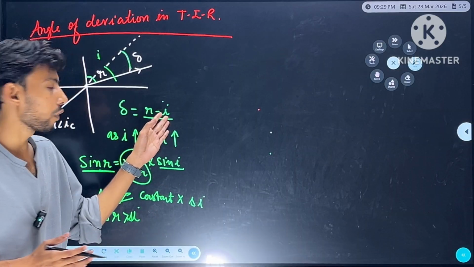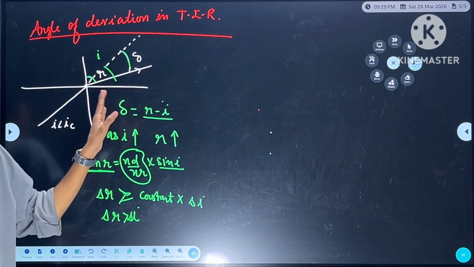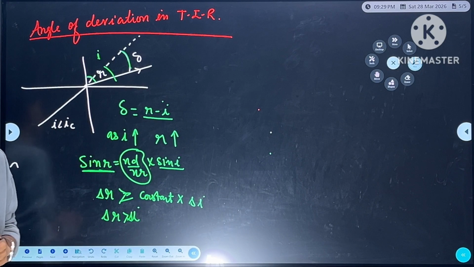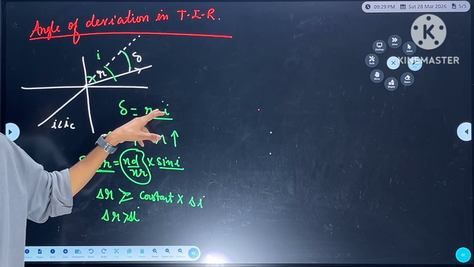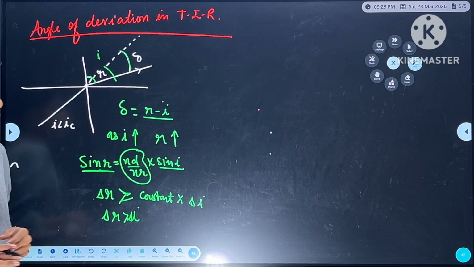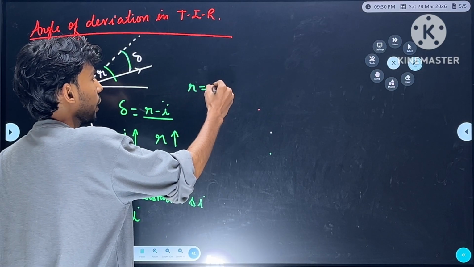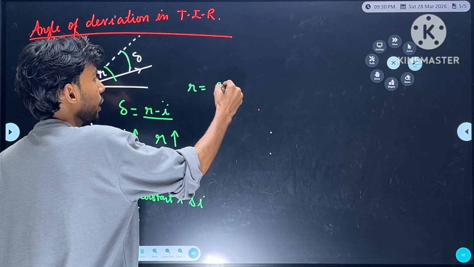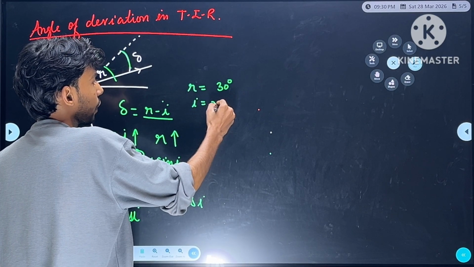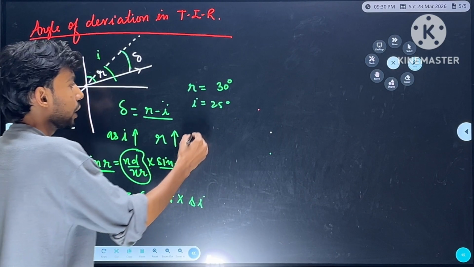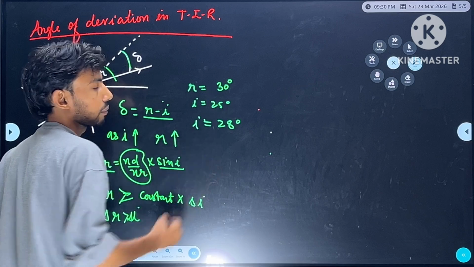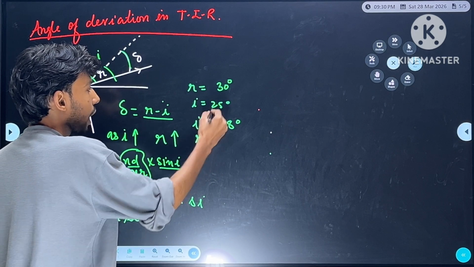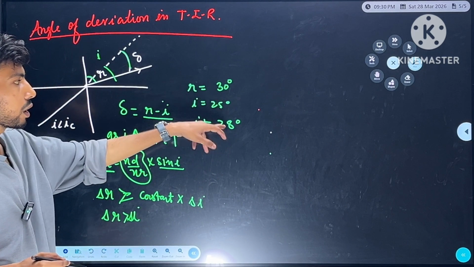So if you increase the angle of incidence, both angles will increase, R will also increase and I will also increase. But the point is that the change in R is greater as compared to the change in I. So let's say R was initially 30 degrees and I was equal to 25 degrees. Now I increase it to a new angle I dash, let me write 28 degrees. This I has increased by 3 degrees, but R will not increase by 3 degrees.